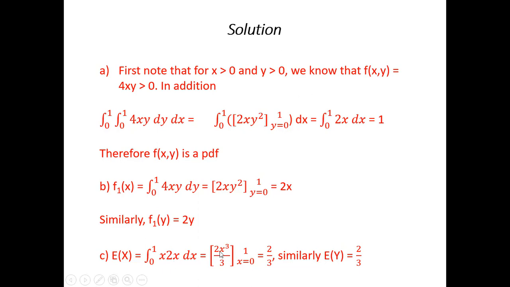When we integrate, we get 2x cubed over 3, evaluating where x goes from 0 to 1. Easy to see that we get 2/3 here. This represents the average value of x, which is 2/3. Again, we'll take advantage of the symmetry here. The expectation of y is also 2/3.